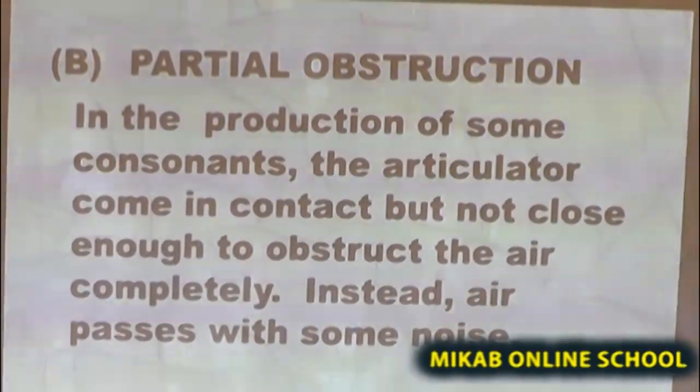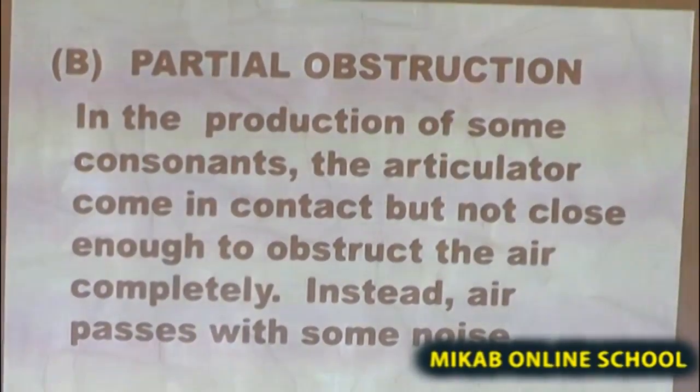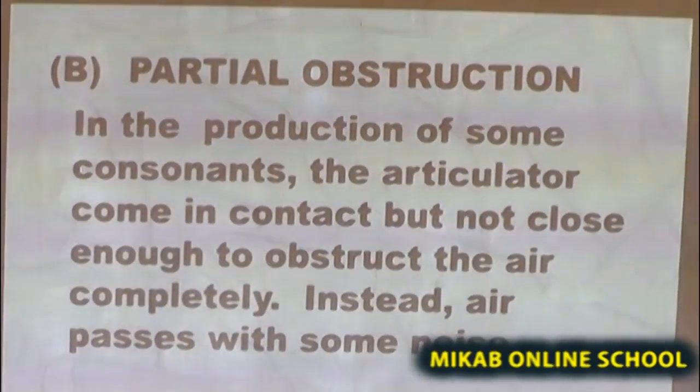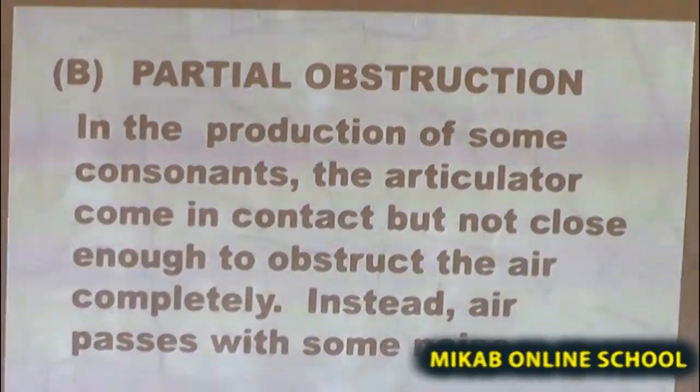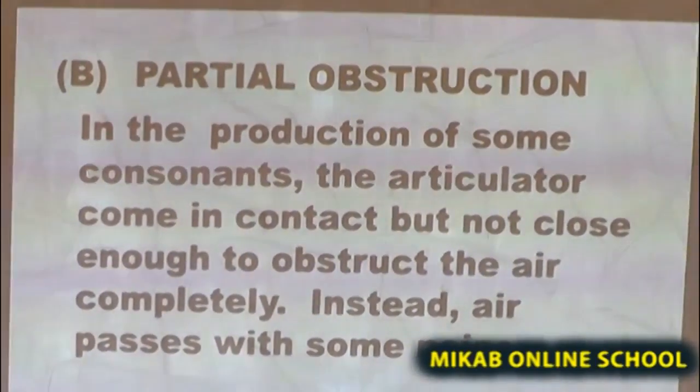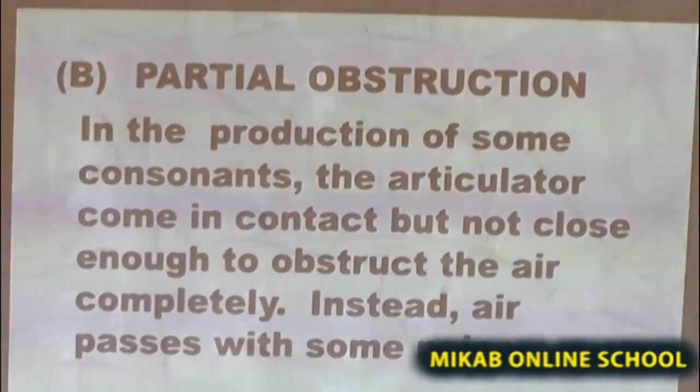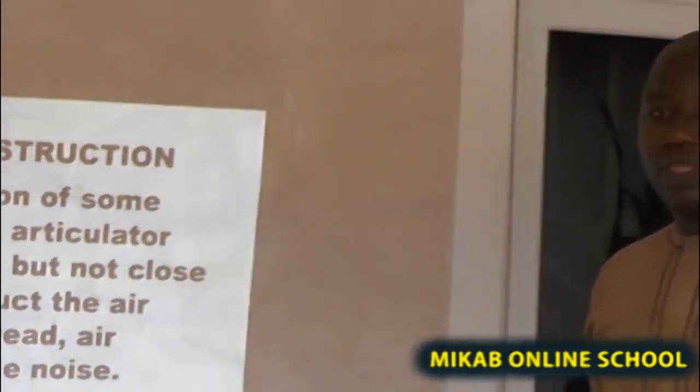Here there won't be enough closeness to cause obstruction of air. Instead, air passes through with some noise, like fa sound, unlike ma sound. Under ma there is total obstruction, but for fa sound there is partial obstruction.